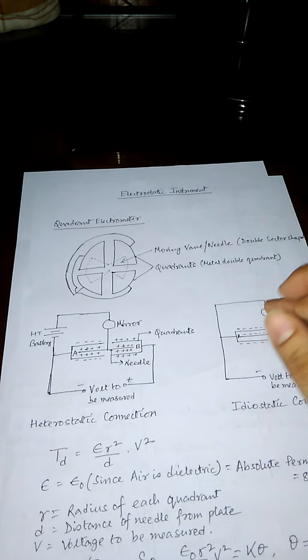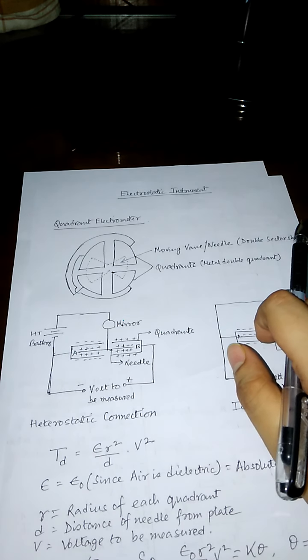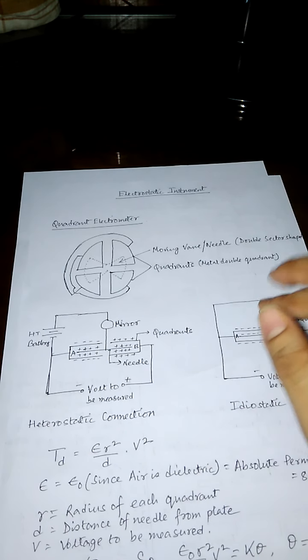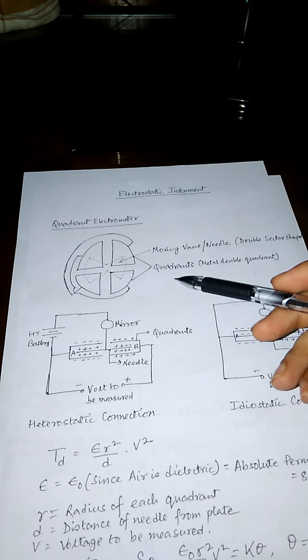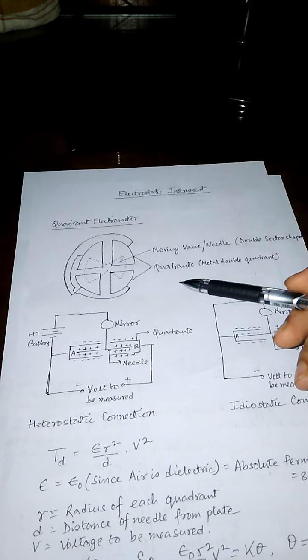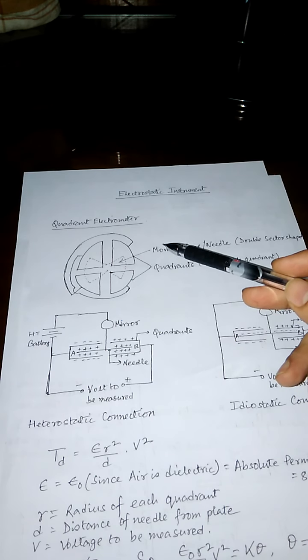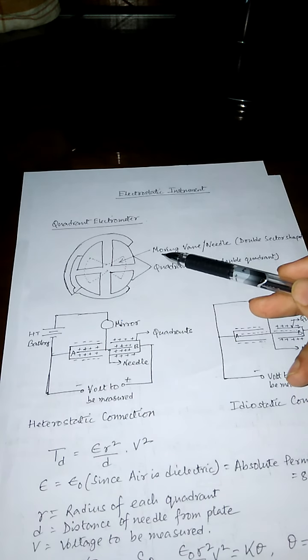Now the arrangement of the moving vane is such that there can be two types of arrangement. Number one, the moving vane can be suspended by a phosphor bronze or silver quartz thread.